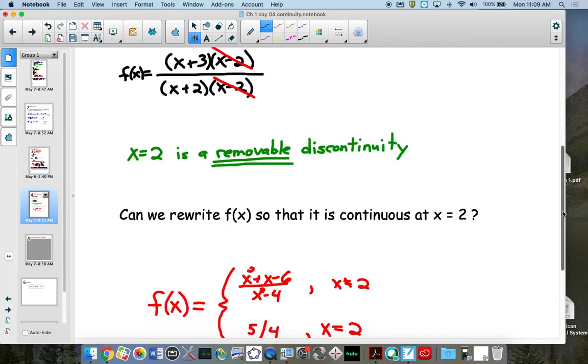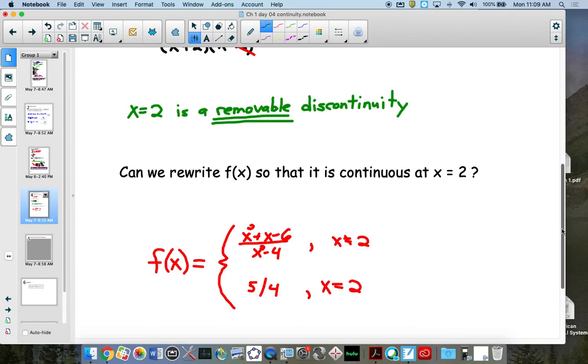So we can rewrite this function and call it (x squared plus x minus 6) over (x squared minus 4) for all values except for x equals 2. And then at x equals 2, we're going to plug in the hole.